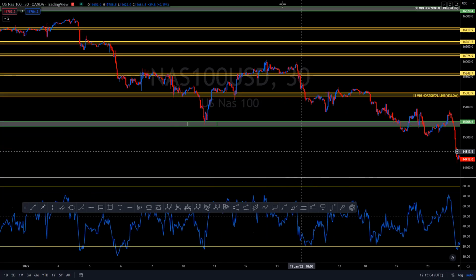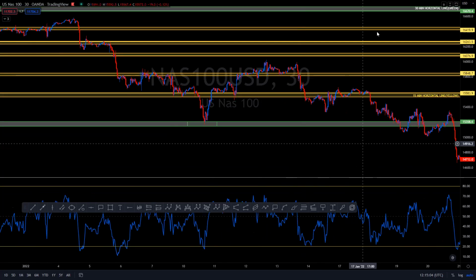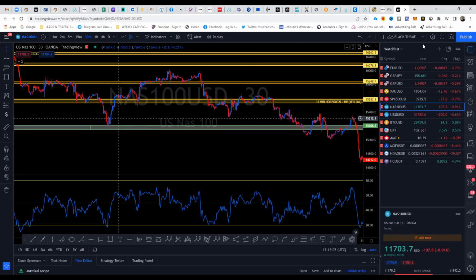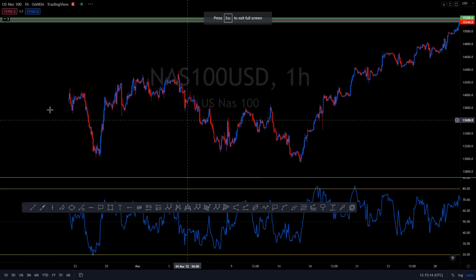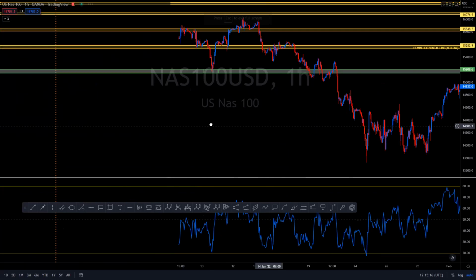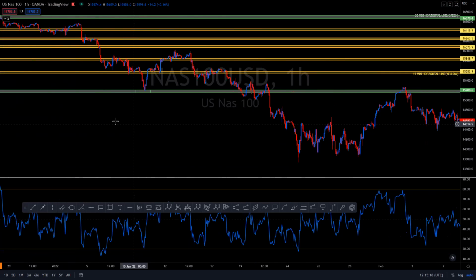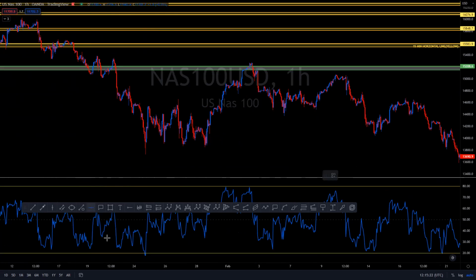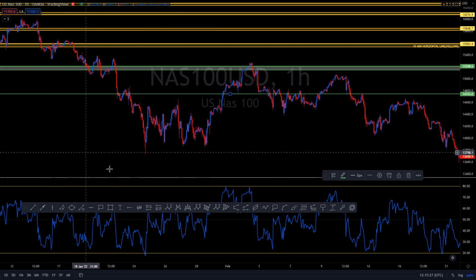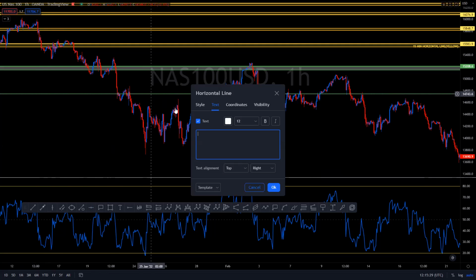And then I'm going to go ahead and move on to the 1 hour. So here's all this we haven't marked up yet. And this is the vertical line here. And look at all this. Make this red.